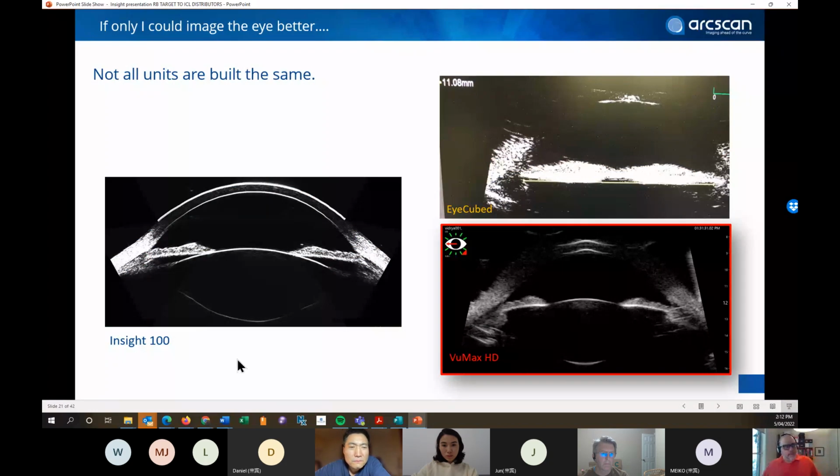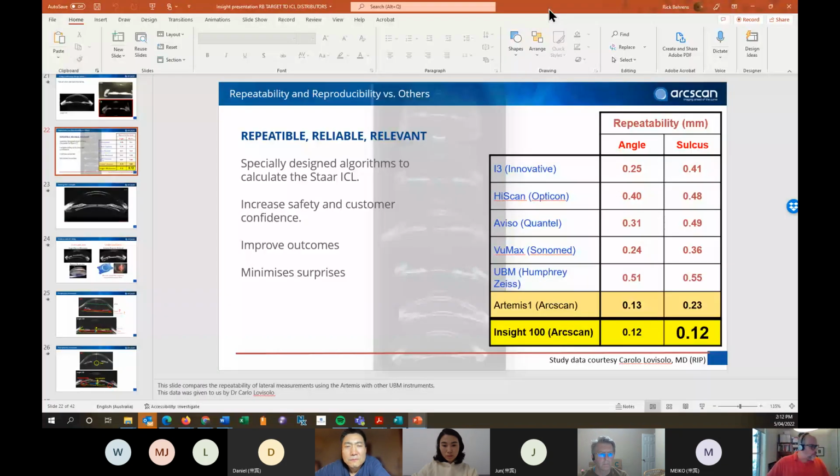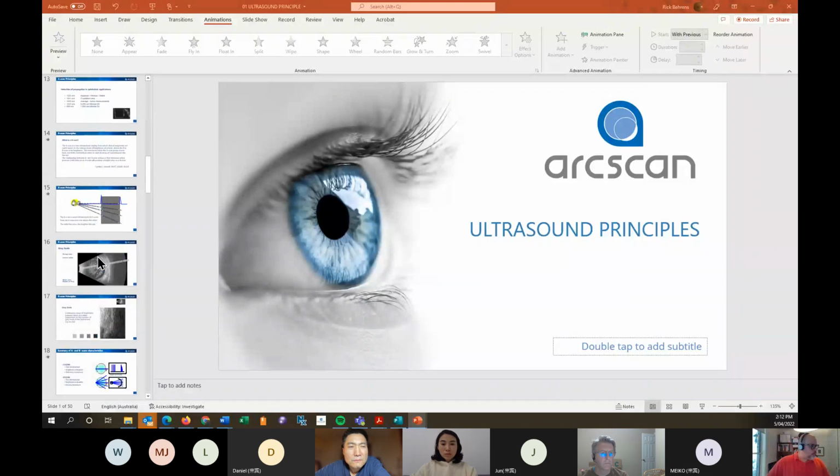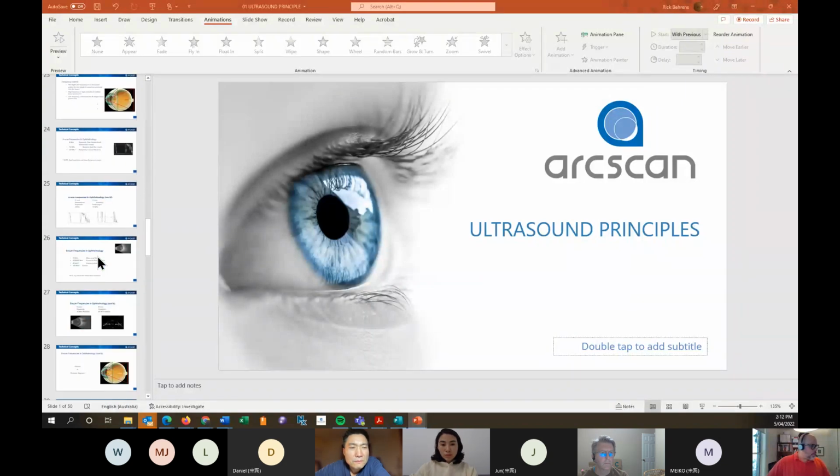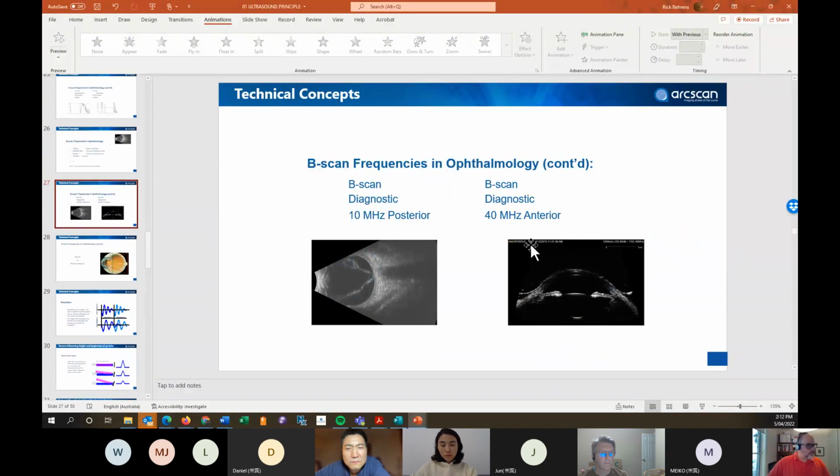This is probably the worst image I've seen from an iCube, and this is a really bad image from a ViewMax. But if I show you what is a really good image for an iCube and put it next to it, here it is.